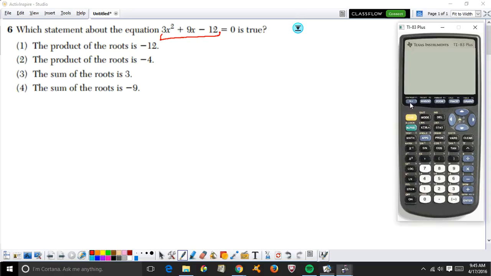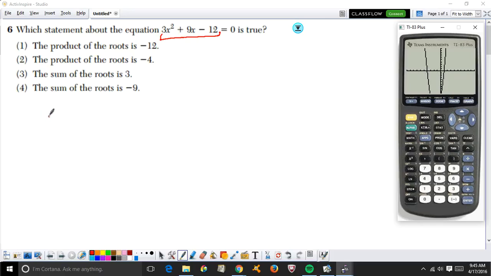So we press y equals, we plug in the equation 3x squared plus 9x minus 12, and we press graph. Here we see that we have two solutions, one at -4 and one at +1. Again, in any equation, your solutions are located where your graph touches the x-axis, which is at this point and this point.